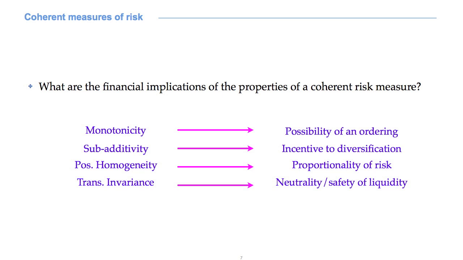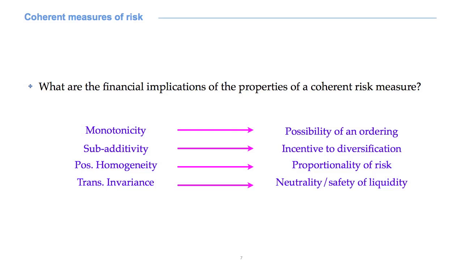Finally, we have translation invariance. In that case, the idea is that if we add a non-risky quantity to our risky elements, risk cannot increase. From a strictly economic point of view, it can even decrease. Why? Imagine you add liquidity to a portfolio. In the short run, we can assume money to be risk-free. That is, we can ignore inflation.